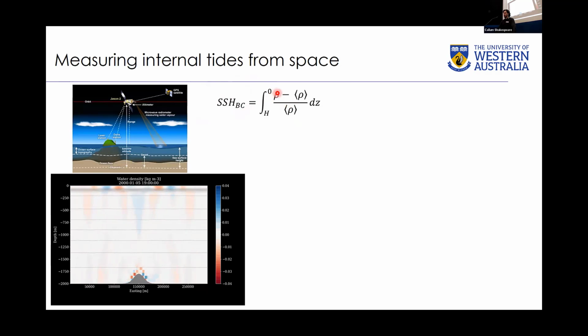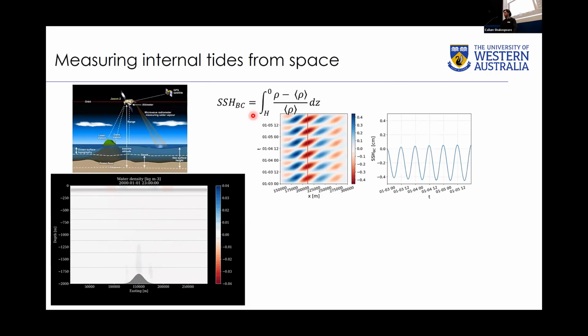It's the vertical integral of the perturbation density about some background mean, normalized by that background mean. As this energy propagates away, there are small perturbations to the density layers, and the satellite is measuring the vertical integral of that process.